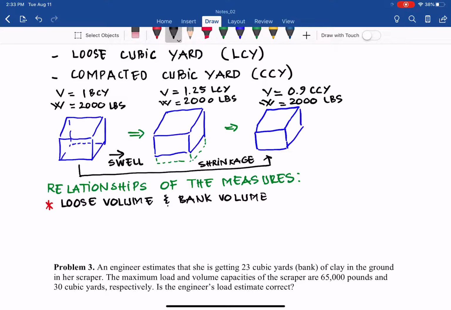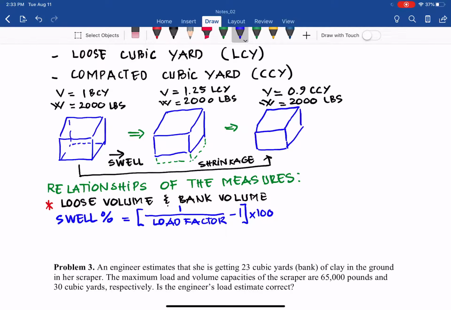So you have the equation: swell in percent is equal to 1 over load factor minus 1, times 100.